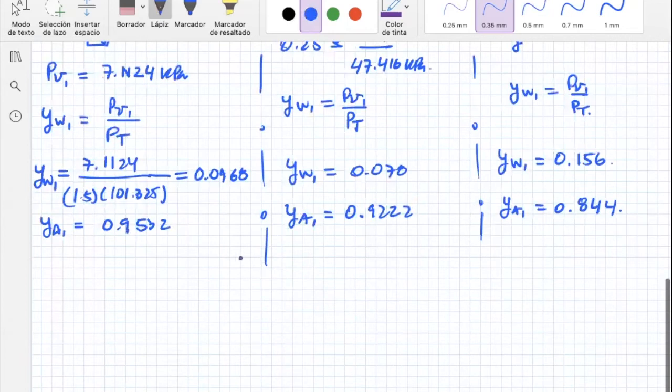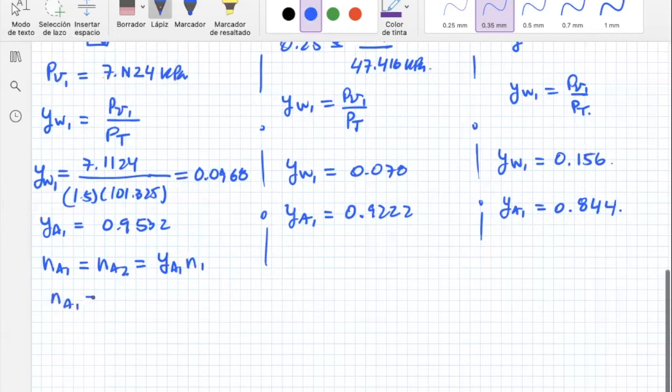And again, for all these 3 different cases, you will have different values. So moles of air at stream 1 equals moles of air at stream 2, because at 3 there is no air. So for this one, this is A1 times N1.